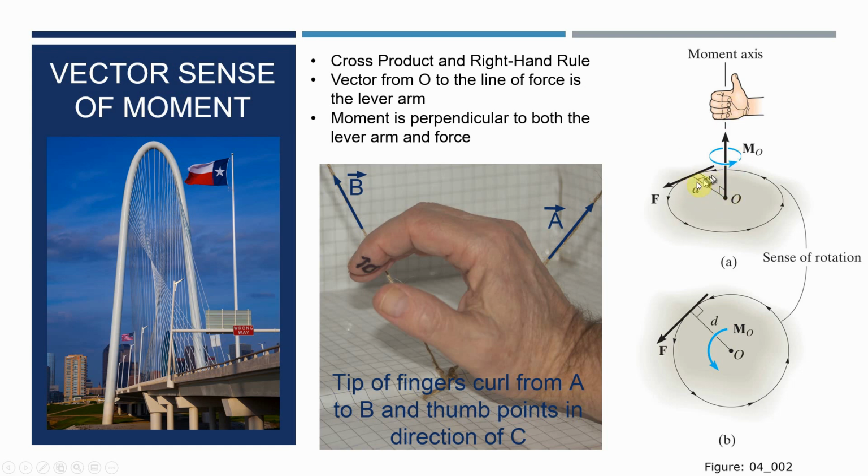Your fingers wrap from the lever arm to the force, and your thumb points in the direction of the moment. That's what this is. You have A cross B: your fingers curl from A to B, and your thumb points in the direction of C to get A cross B.